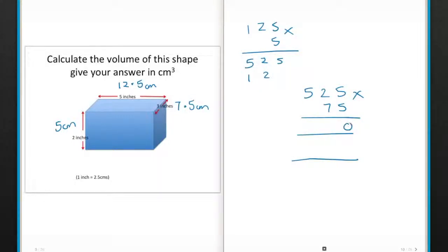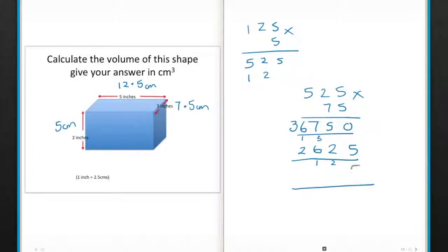Note down. 7 times 5 is 35. 7 times 2 is 14, 17. 7 times 5 is 35, add 1, 36. 5 times 5 is 25. 5 times 2 is 10, 11, 12. 5 times 5 is 25, add 1 is 26.